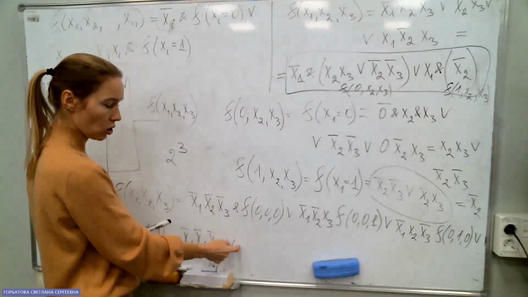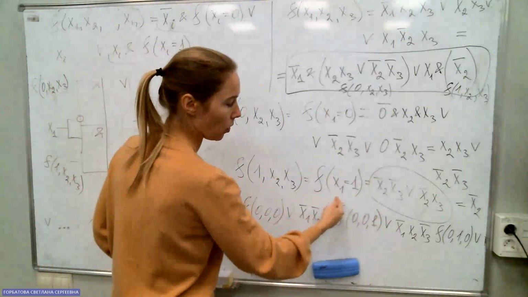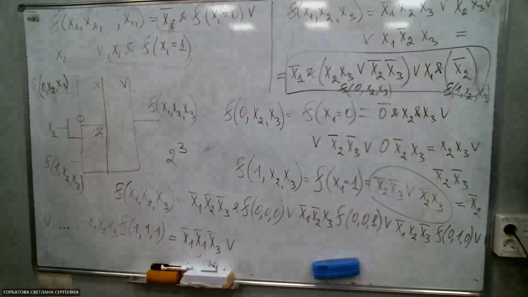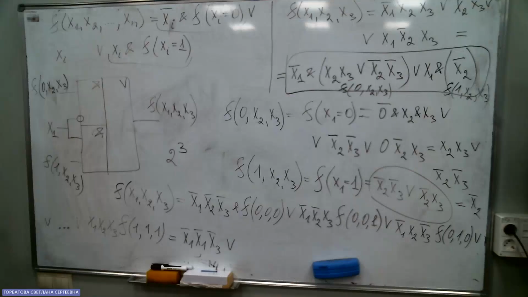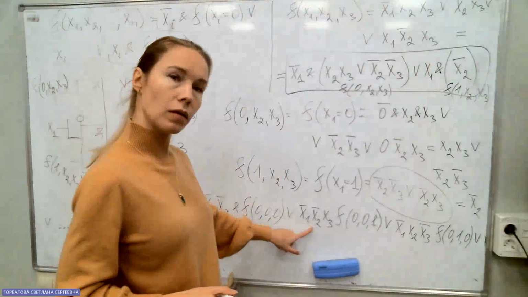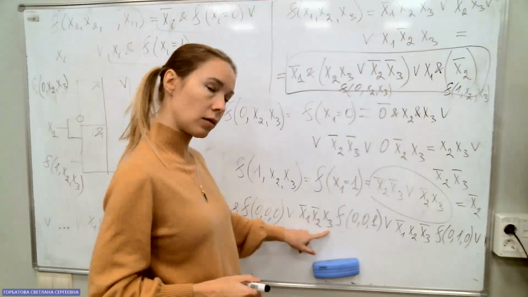So disjunction with 0 gives nothing for this point, and so on. My question is that after the disjunction, the not x1, not x2, not x3 has changed. Now it is not x1, not x2, x3.